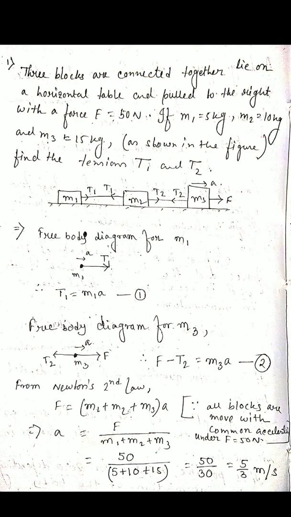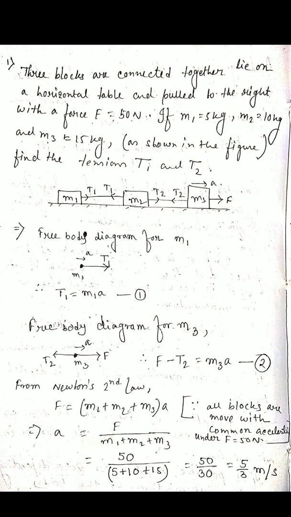So the net force on M3 is F minus T2, because the right-hand side force is always greater than the tensional force. So F minus T2 equals M3 into A. So we get two equations. That is why we draw the free body diagram, to construct the equations, which makes it easier to solve and find the values.